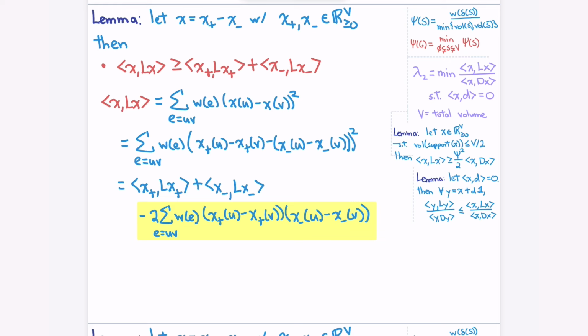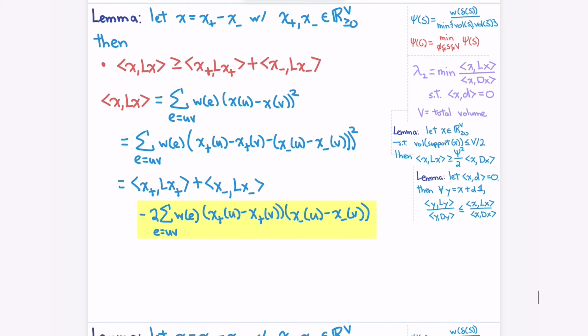Okay, so we just need to figure out what to do with this thing. So the claim, in other words, we have a claim of this form.